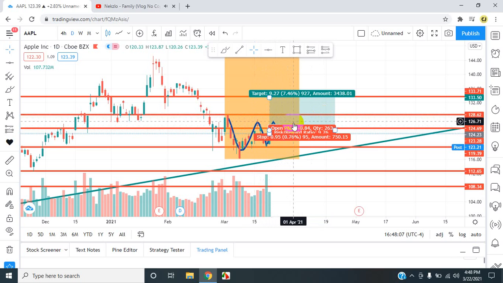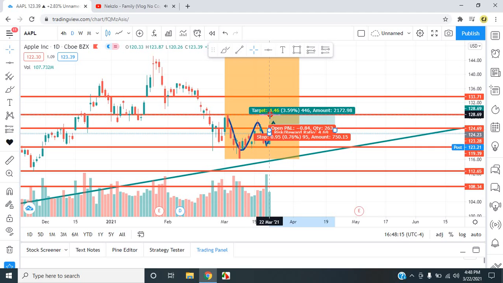We'll look for entry and take it back up to the highest high. For 927, if you don't want to take it for 927, you can take it to the next level up for 446, which is still an amazing move. 446 on the way up, 95 on the way down. That is AAPL Apple stock.